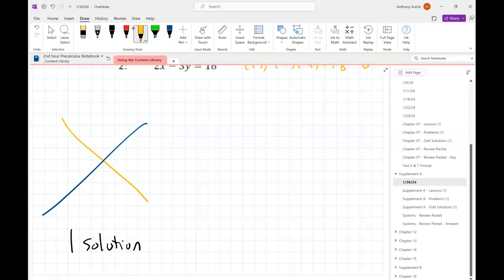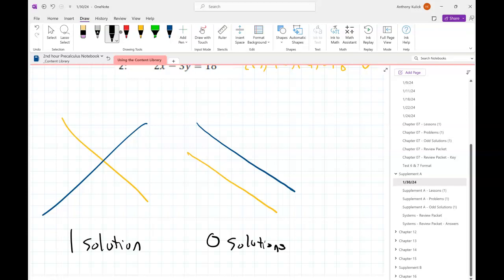So they get one intersection, right? What else could happen? They could have no intersections. What's that going to look like? It looks like parallel lines. Great.